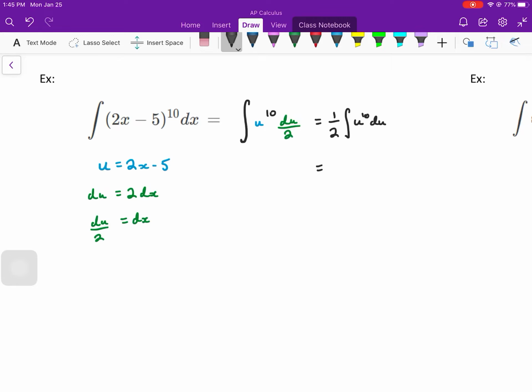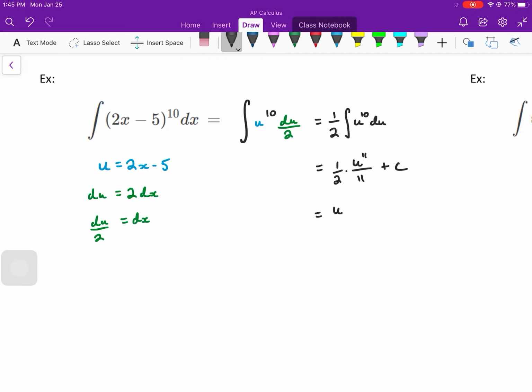And then u to the 10 is going to be u to the 11 divided by 11. So you just do the antiderivative of u to the 10. That's really easy. We know how to do that. And don't forget we have that 1/2 out front. Let me give a little more room here. And then plus c.